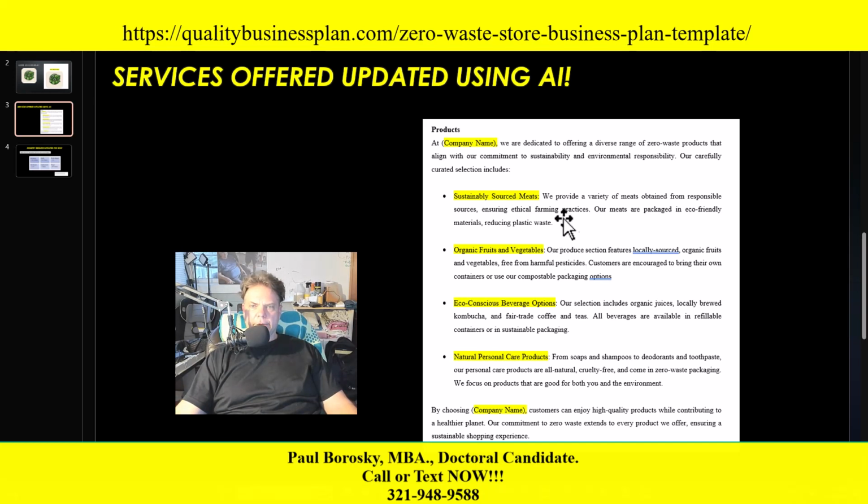But now you're able to choose which products you're going to be offering at your location. Is it sustainably sourced meat? Is it organic vegetables and fruits? Is it eco-conscious beverages, natural personal care products? Whatever products you're going to be offering, I now have a foundation for you to build upon for your business plan.